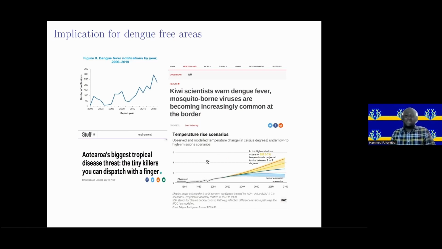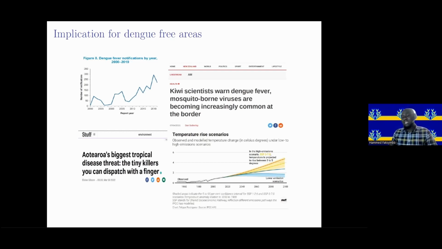Meaning that as the temperature increases, if the environment is conducive for the mosquito to survive, there is a risk of dengue coming into New Zealand or any other dengue-free area.